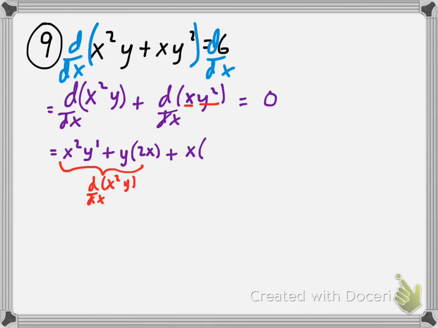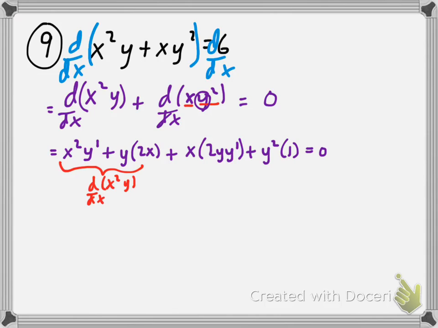Now, the derivative of y squared we should know to be 2y y prime. We have to use the chain rule because that's not just x. Plus the second function, which is y squared, multiplied by the derivative of the first, and the derivative of x is 1.